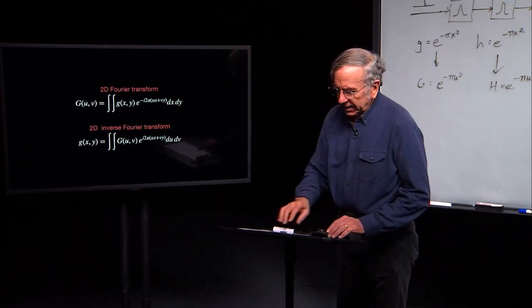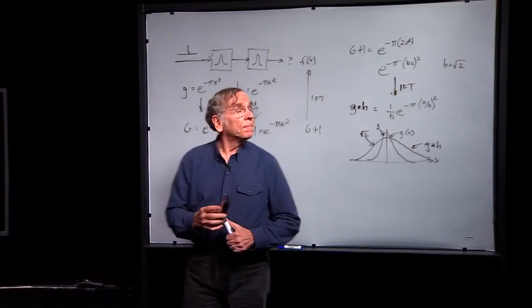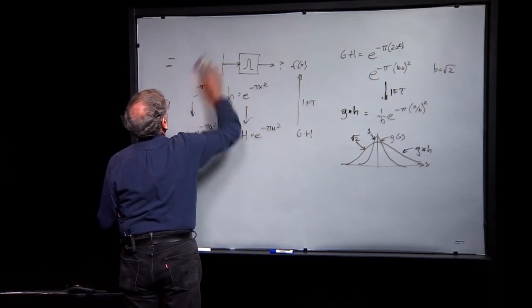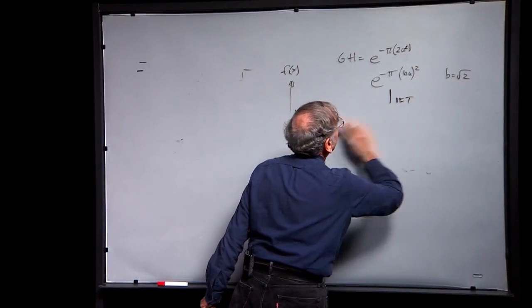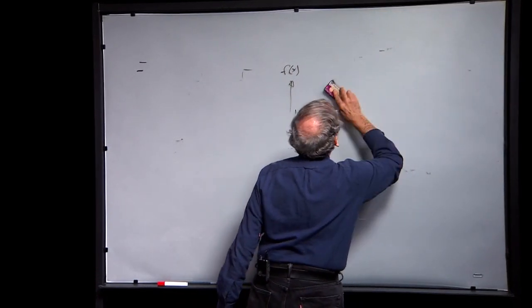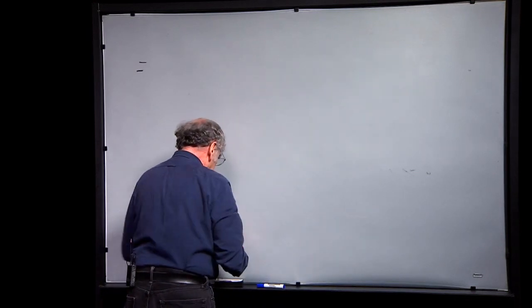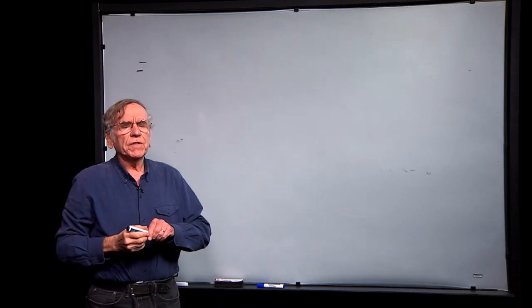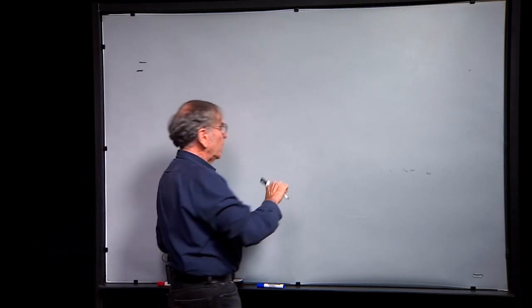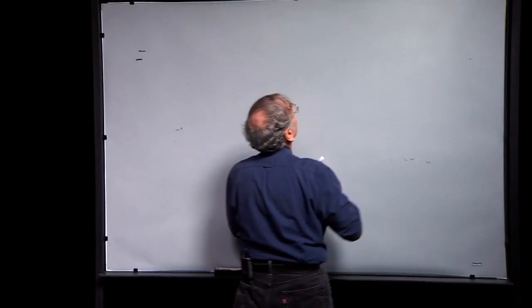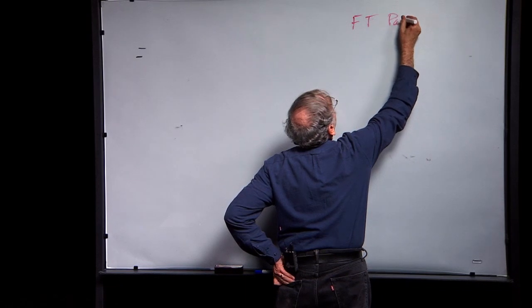Okay, so let's look at some Fourier transform pairs. I'm not going to prove all of these because the proofs are really very similar to what we did last time. So this is just going to be my table of Fourier transform pairs.